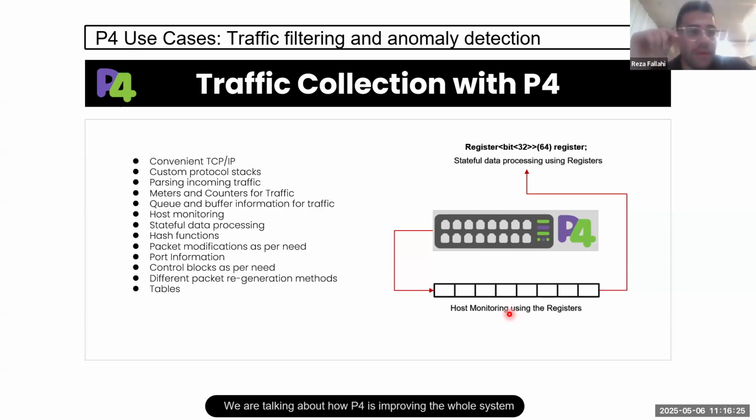But the registers are going to help us actually store and restore the information from the traffic, from the packets, that we need to feed towards the dedicated modules that we need for security concerns.